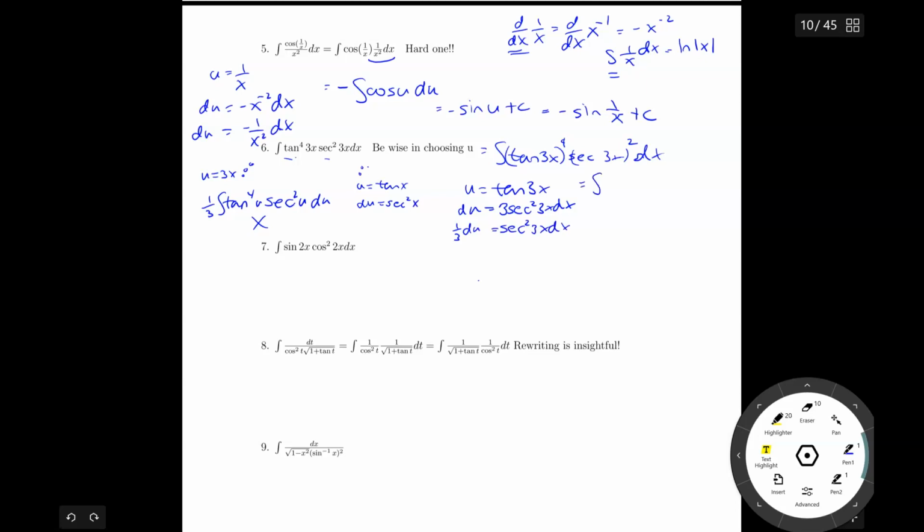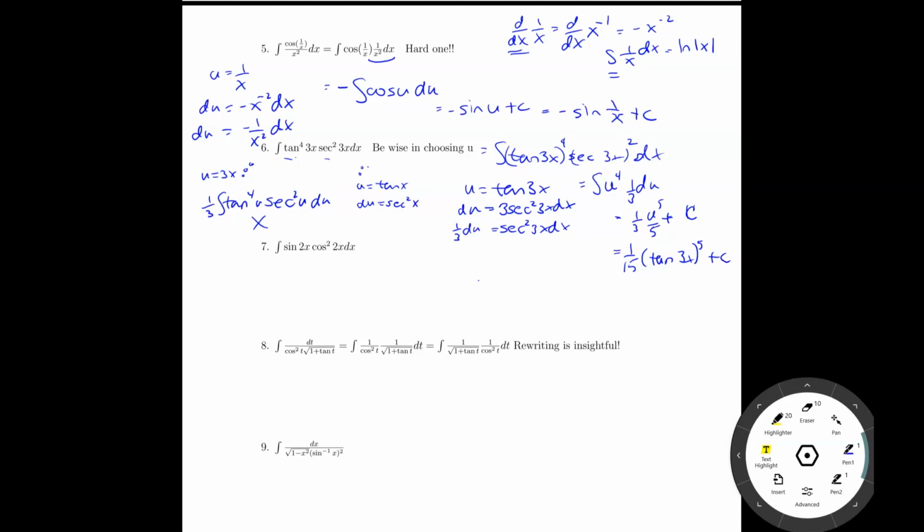So I get u to the 4th 1/3 du. So carrying the 1/3 along, adding 1 to the exponent, plus c. I get 1/15th, and then it's tangent of 3x all to the 5th power plus c.